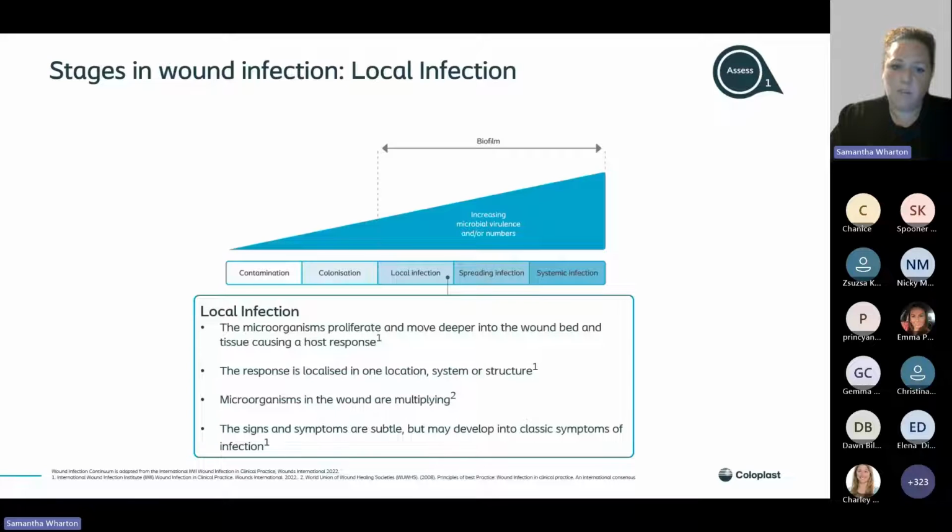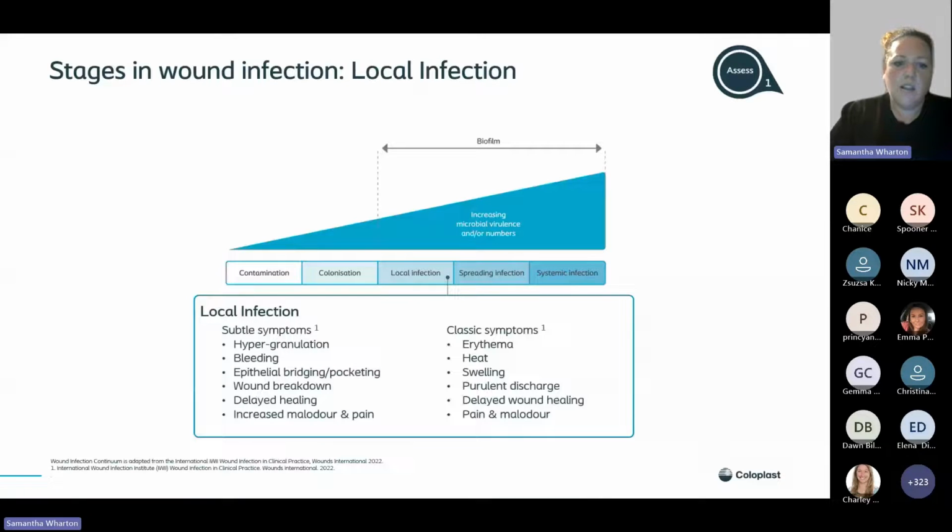As they're multiplying, the signs and symptoms may be quite subtle, but then they develop into more of those classic symptoms. Your subtle symptoms are hypergranulation, bleeding, epithelial bridging, wound breakdown, the delay in healing, increased odour and pain. And then those really classic symptoms that we refer to when we think about infection: erythema, heat, swelling, purulent discharge, delayed wound healing, and again, pain and odour.